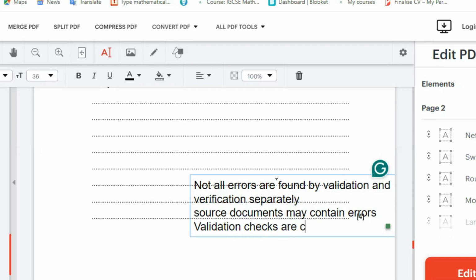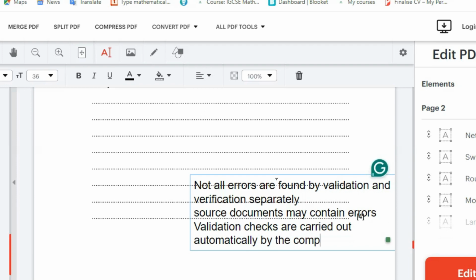Then we are told to explain using examples.